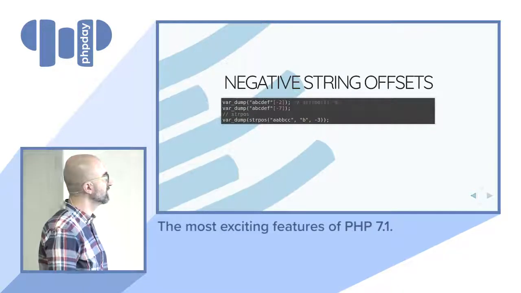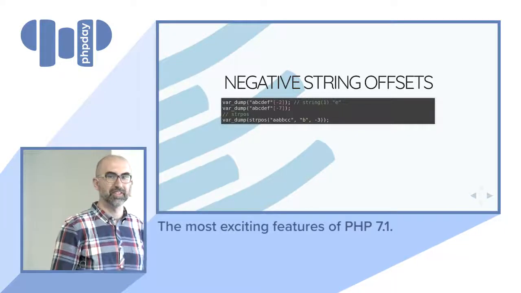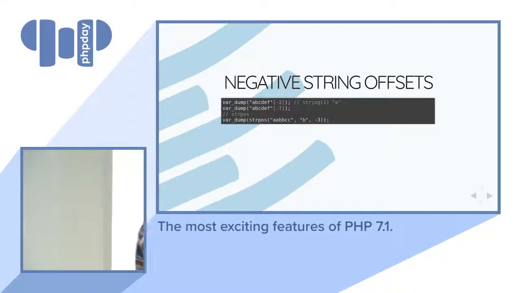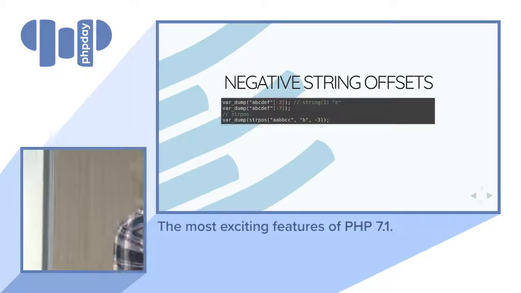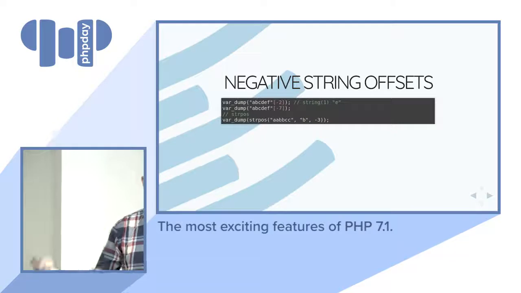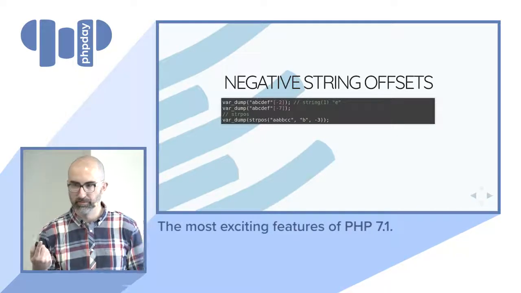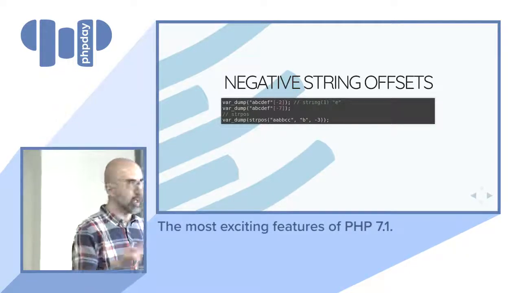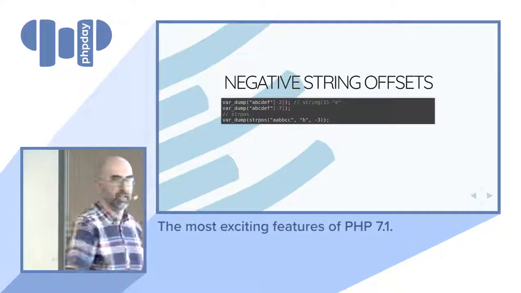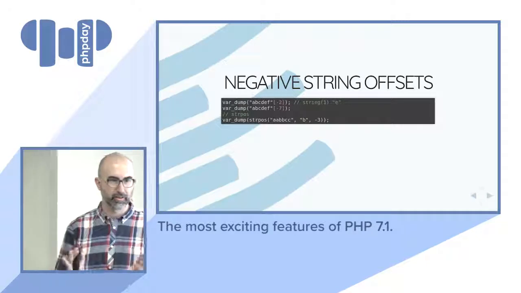E, D? No, it's E. Why? Because if you move from the right to the left, it doesn't start with 0. -1 is F, -2 is E, -3 is D. That's why it can be confusing.